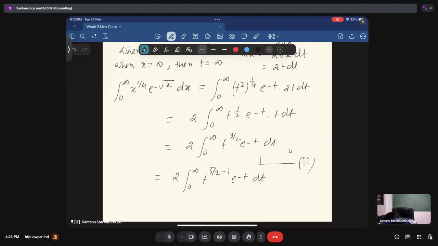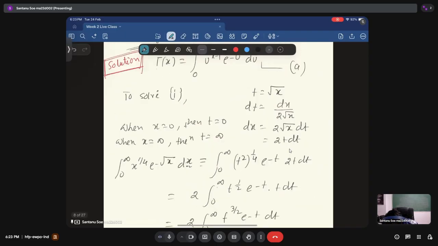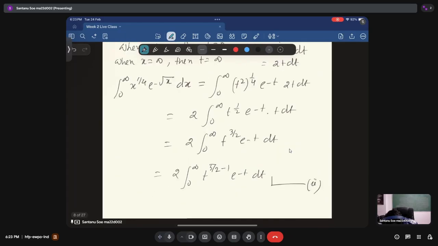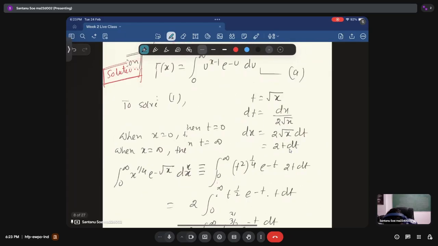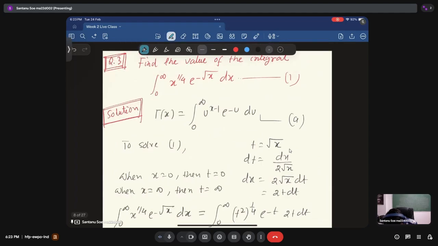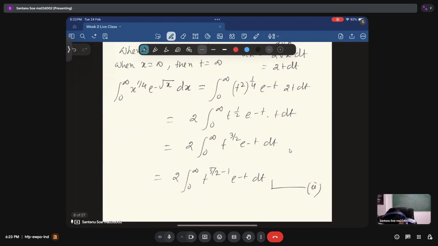Okay, so now let us call this as 2. So now if you just compare 2 with a, then you can see that x is nothing but 5 by 2, correct? So if you just put x equals 5 by 2 in a, then we are getting gamma of 5 by 2, which is just the integration 2. I mean 2 times the integration 2.